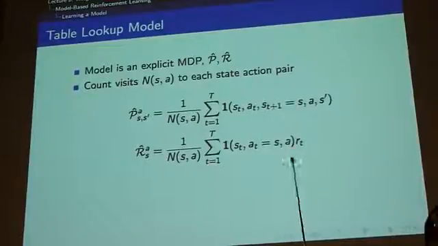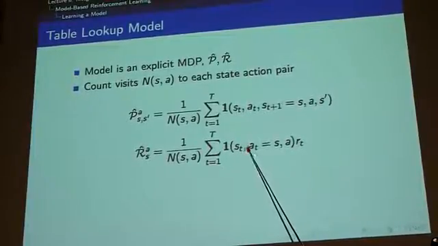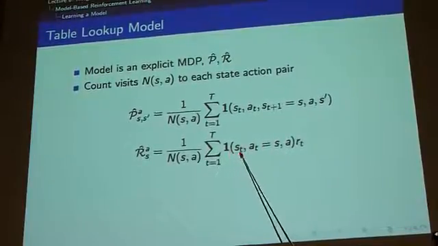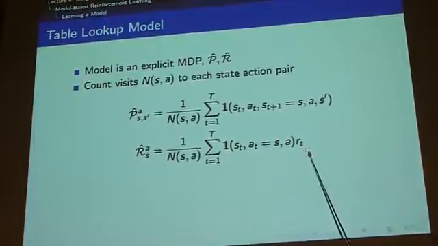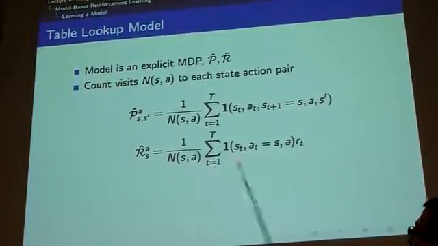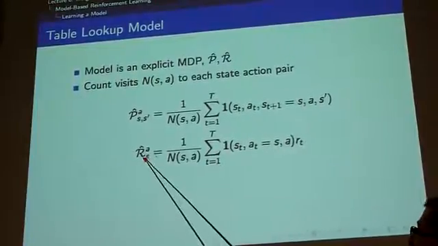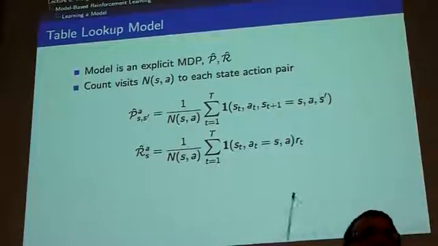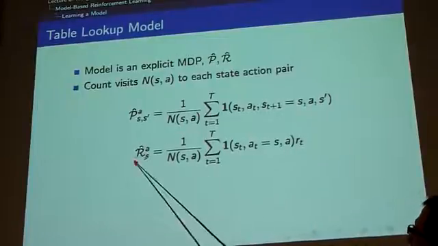What's a simple way to estimate that? Just look at the mean. The indicator says: was I in state S and did I take action A at this time step? Then we take the mean of all the rewards at all those time steps where we really were in this particular state and took this particular action. So just take the mean reward of all examples where we started in that state and took this action, and that's going to be our reward function.